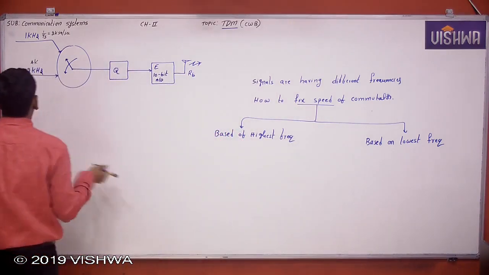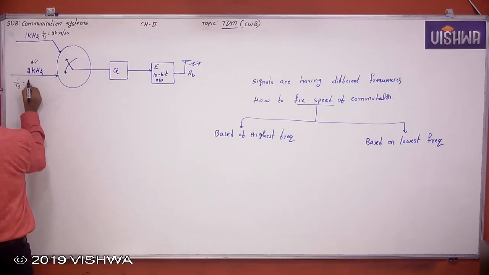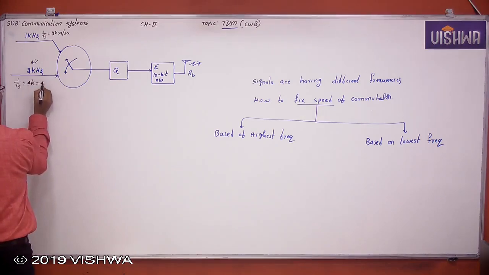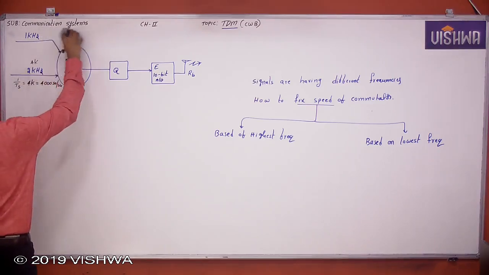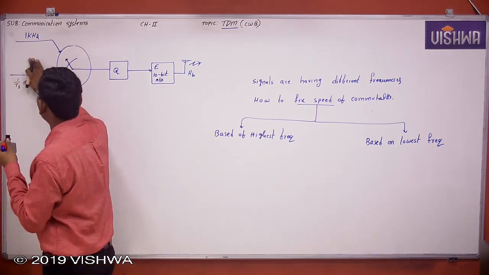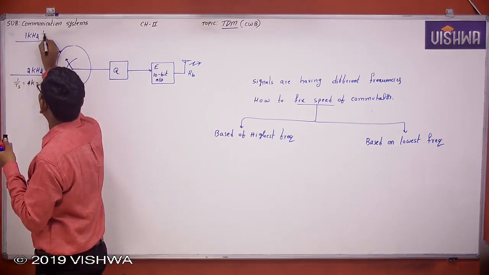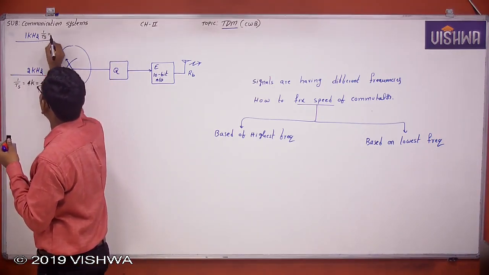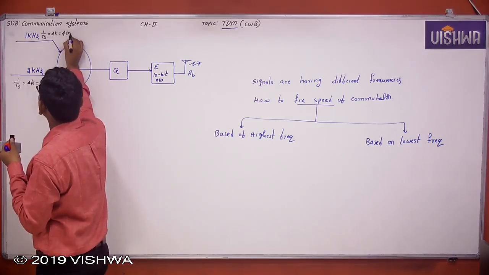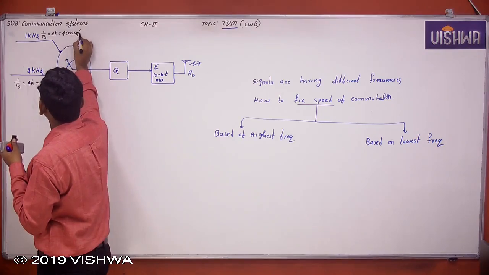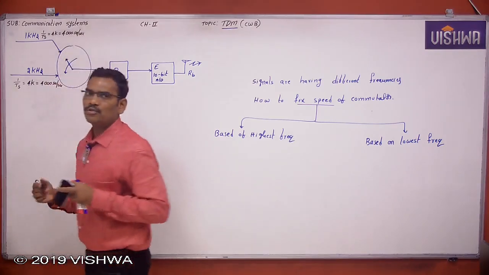Now the second signal is sampled at the minimum rate, which is 2 omega, 2 into 2, 4 kilo, equal to 4000 samples per second. Then it is not an issue if signal 1 is also sampled at 4 kilo, which is 4000 samples per second, because the minimum rate required is 2 kilo.